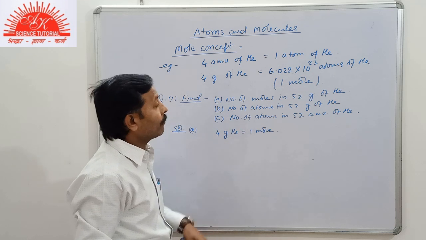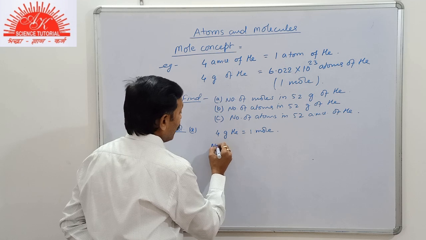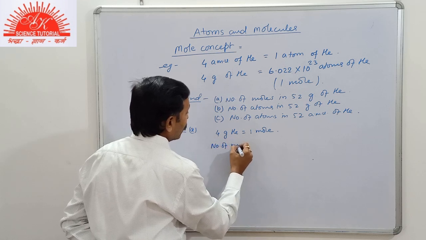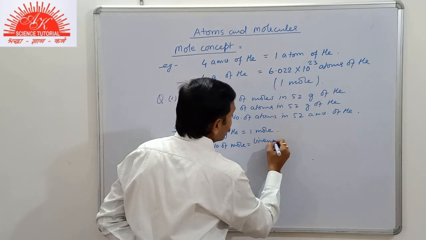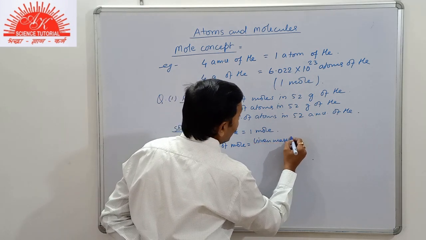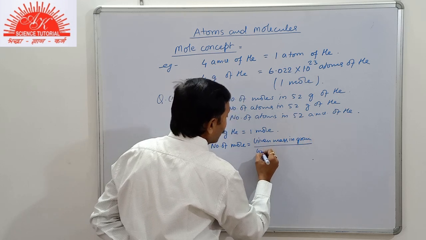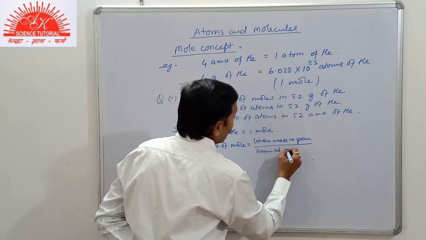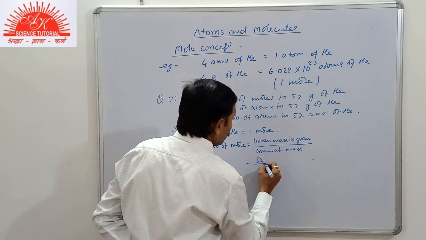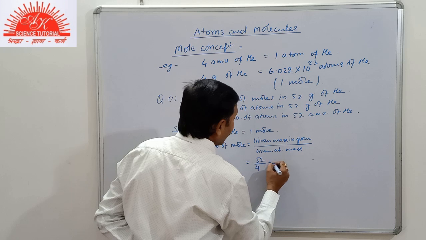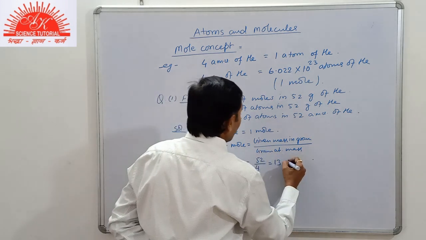So, 4 gram helium equals 1 mole. So, number of moles is equal to given mass in gram by gram atomic mass. That is, now it is 52 divided by 4, hence 13. So there are 13 moles.